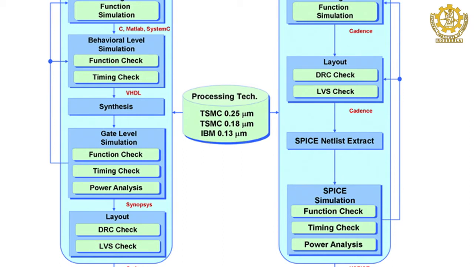Hardware description languages are languages where built-in functions are there for each gate. For an AND gate they will have a function, written in such a way that it resembles the property of the AND gate: if one of the inputs of the gate is 0, the output will be 0. Similarly, for an XOR gate, if both the inputs are the same, the output is 0. Similarly, functions will be written.